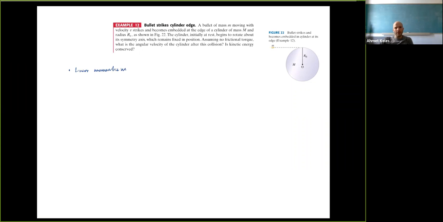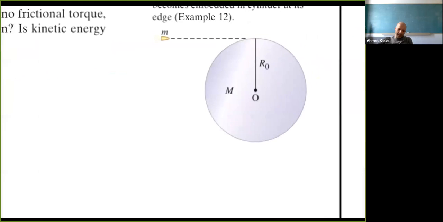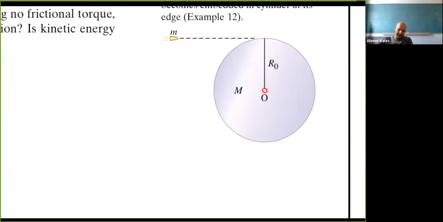Is linear momentum conserved in this problem? So P total, is it constant? No, right? Why? Exactly. If you want, you can think of it like it's fixed. Fixed means maybe there's a nail here, and this nail is in contact with the disk at all times.